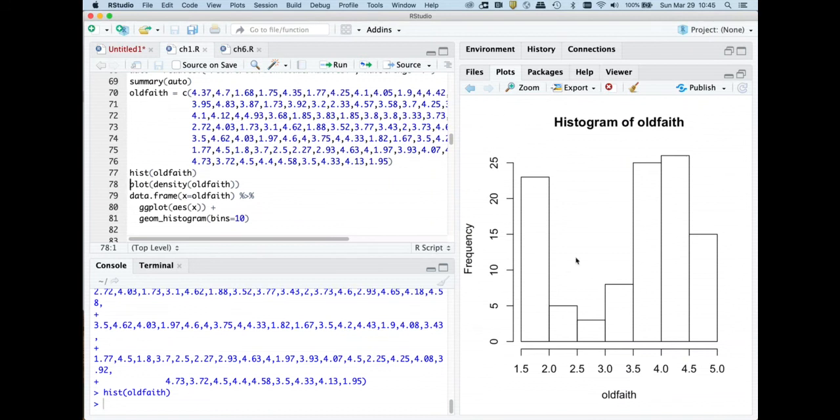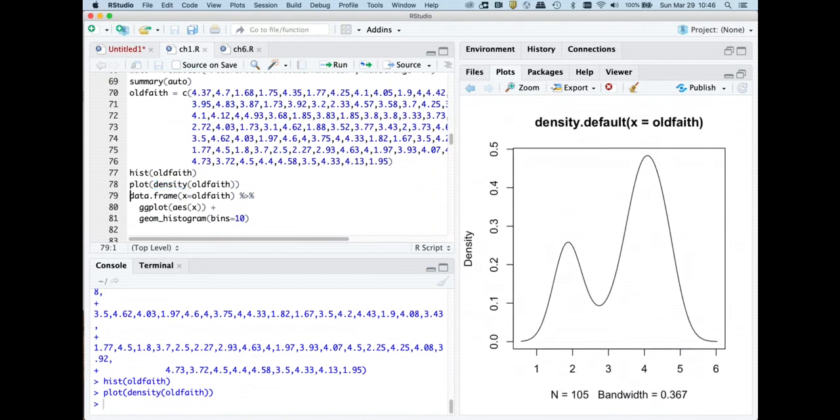Here's the default version, which I think looks pretty good. The way to get a non-parametric density estimate using old-fashioned base R is you plot the density function of the data set. So here's our nonparametric density estimate, and I think that looks really good.